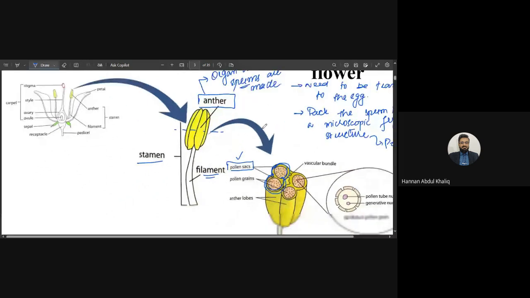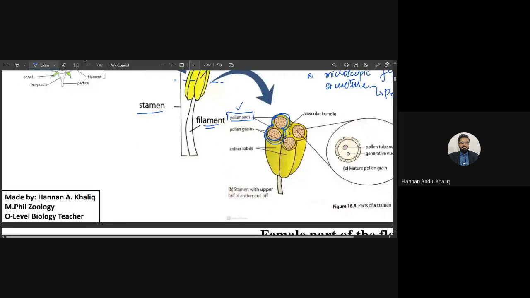The pollen sacs are surrounded by membranes, which look like cell membranes, although they are not. So pollen sacs are particular surrounded regions in which the pollen grains are made.